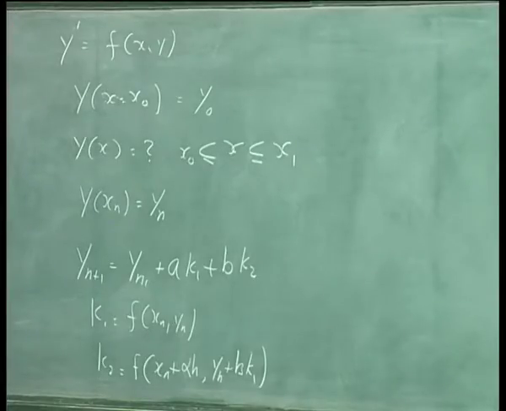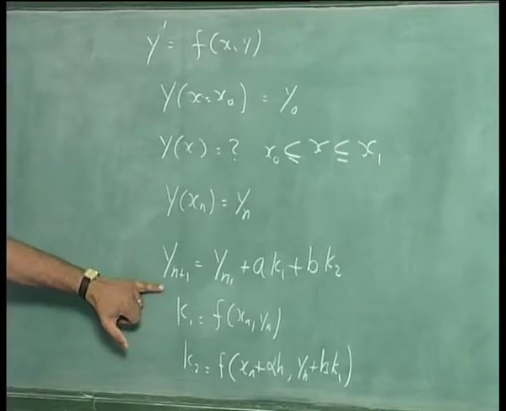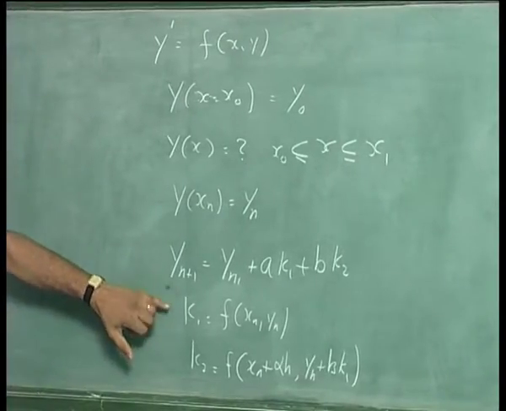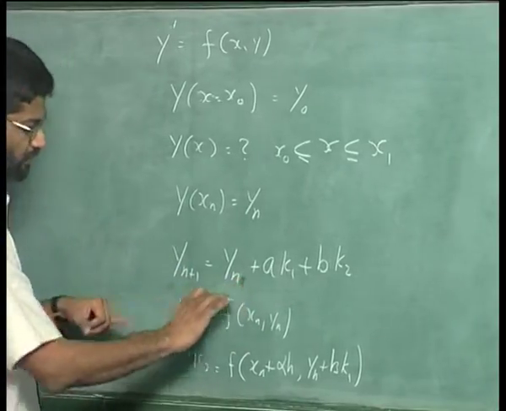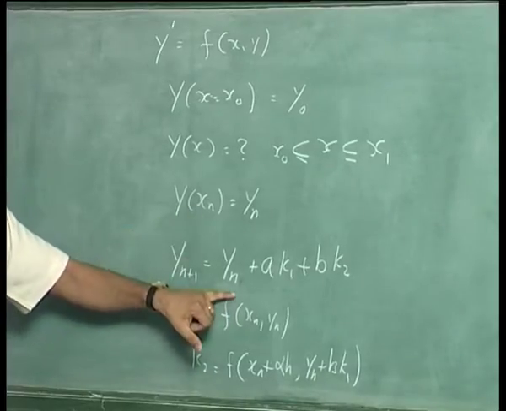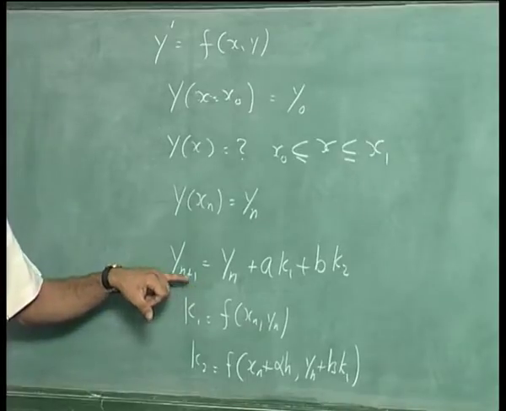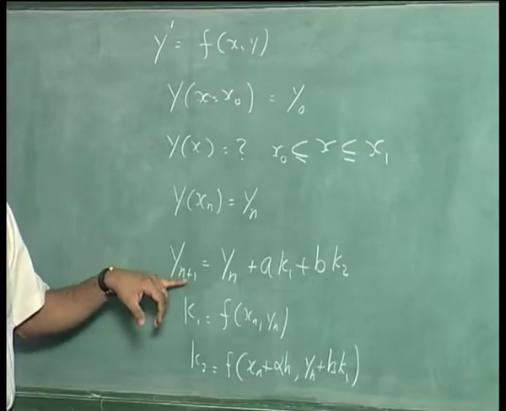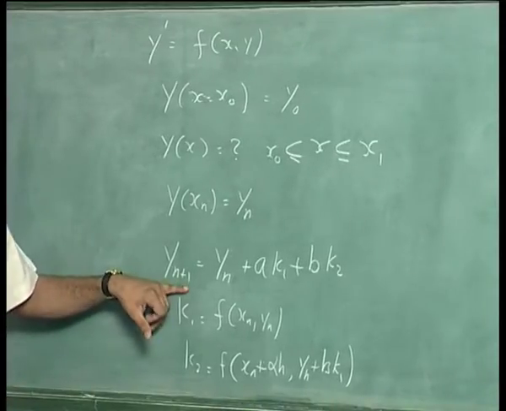So that was the second order Runge Kutta method, in which, given the y value at any point xn, we want the y value at xn plus 1, that is the next point xn plus h, where h is the distance between xn plus 1 and xn.